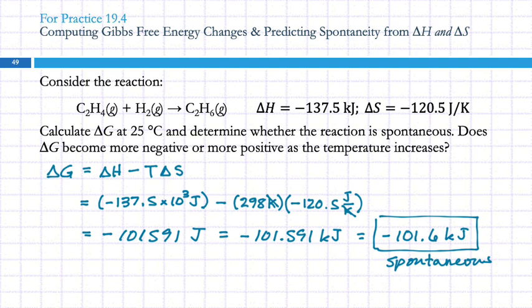So the next part is, does delta G become more negative or more positive as we increase the temperature? Well, here's the temperature. If I make this bigger, I'm subtracting a negative number, right? So overall, as this gets bigger, it's making delta G more positive.